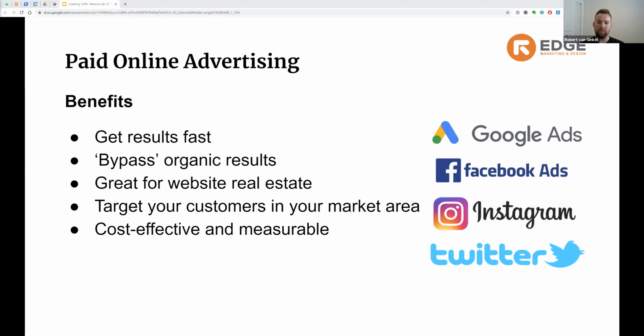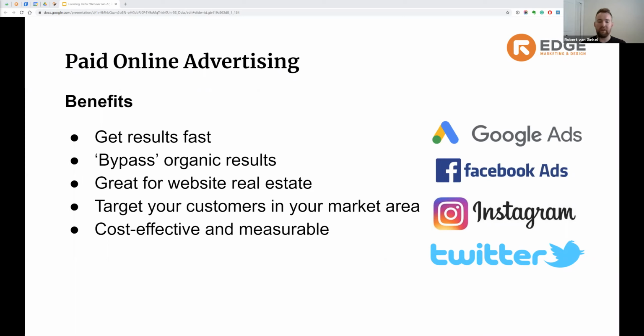When they click your ad and go to your website, you know it's more likely a high quality lead, and not somebody that's just kicking tires and looking around. They're actively looking for that product or service. That's a great benefit of paid online advertising as well.